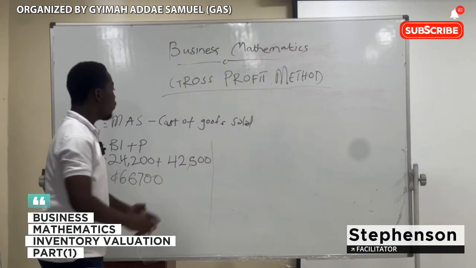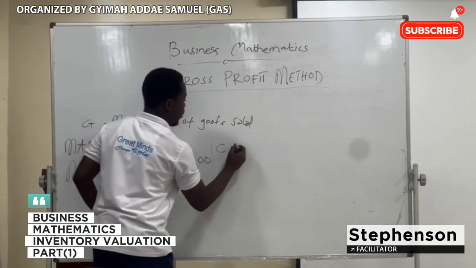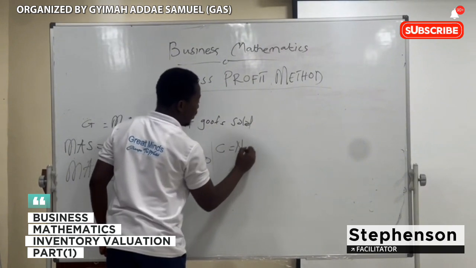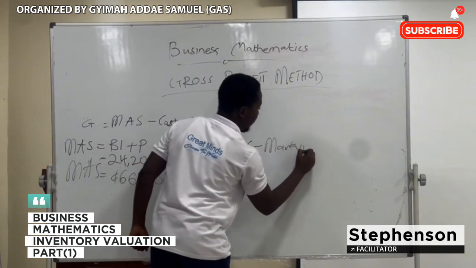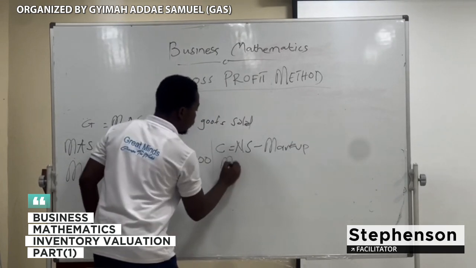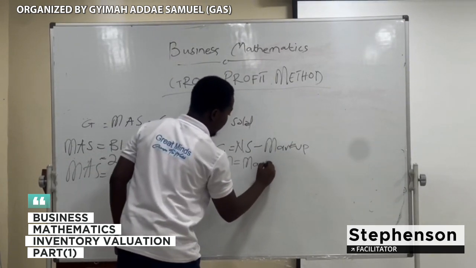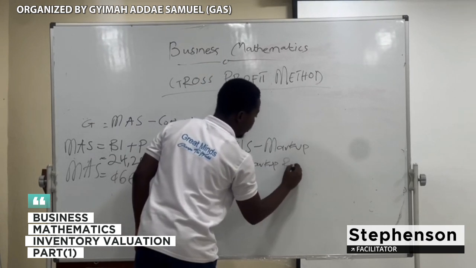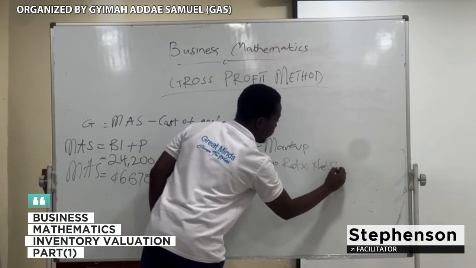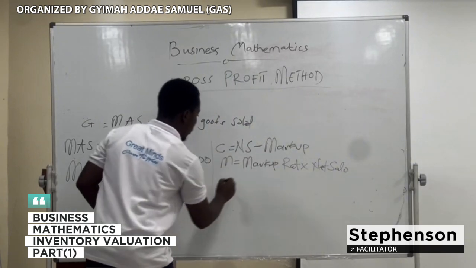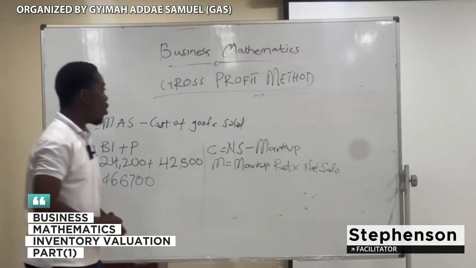Our cost of goods sold is equal to net sales minus markup. Markup is equal to markup rate times net sales. So let's first find our markup.